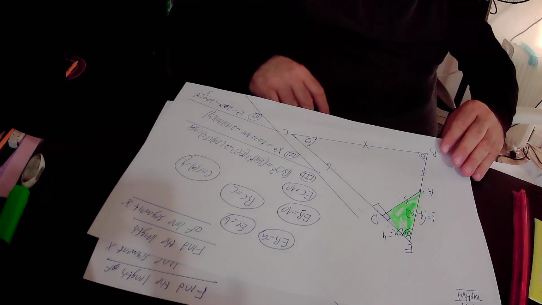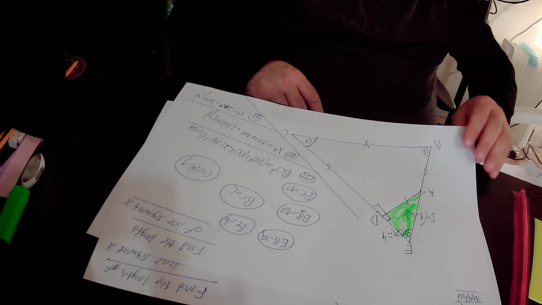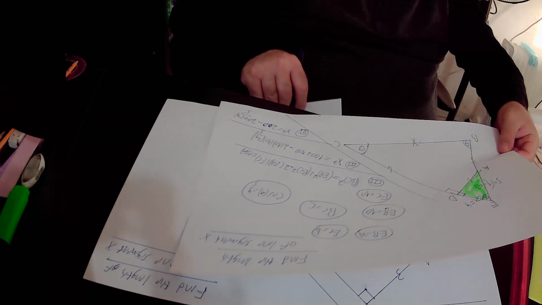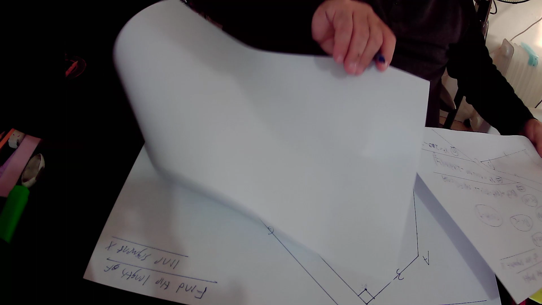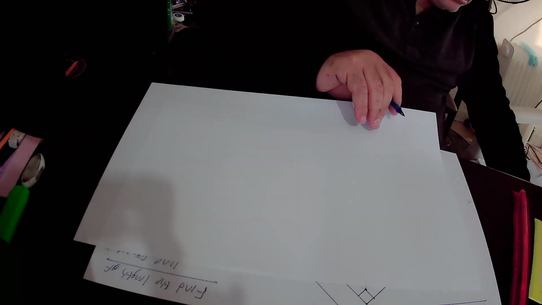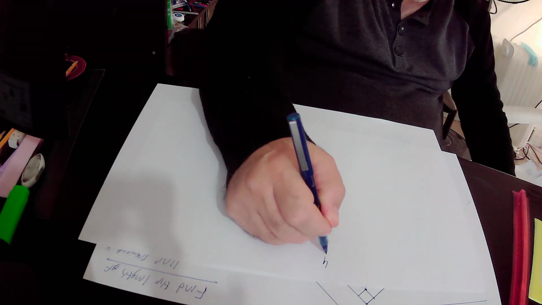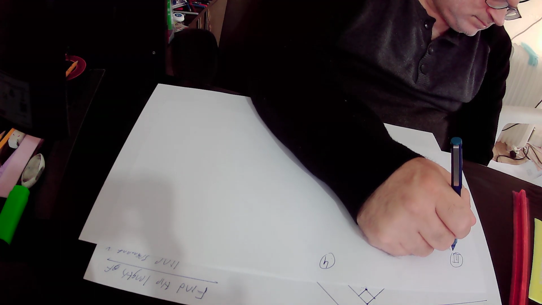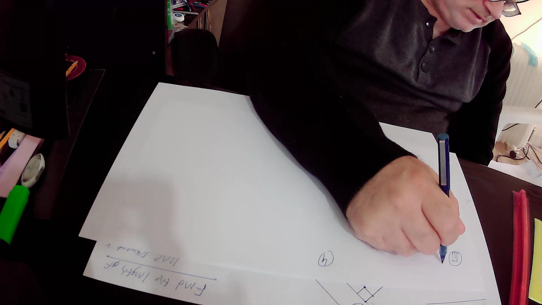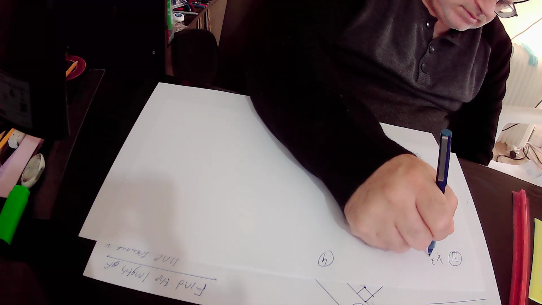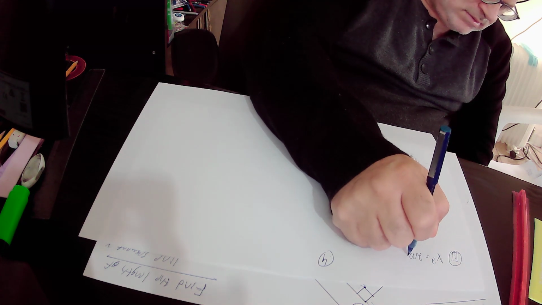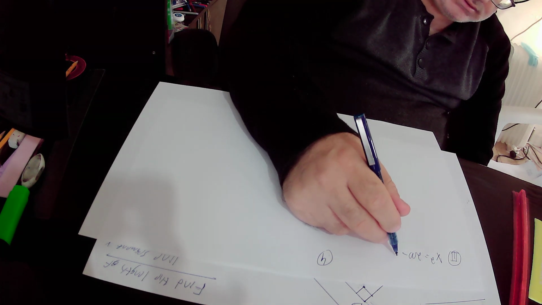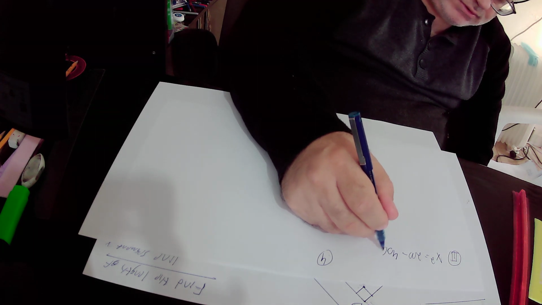So according to equation number 3, we will get that x squared equals 200 minus 200 over 5, which is 40, so it is minus 40 times 4.